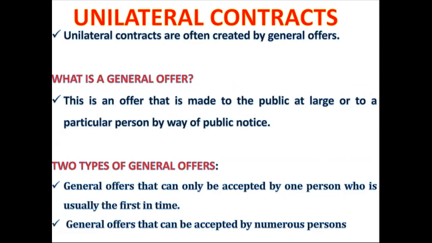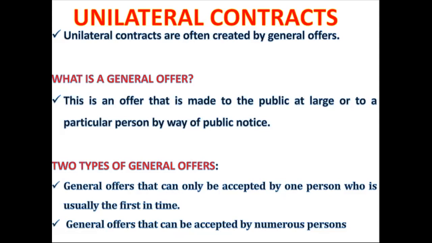And remember, for unilateral contracts, the promise is made by only one person, and the person to whom it is made is usually required only to tender acceptance by way of performance. Remember the distinction between unilateral contracts and bilateral contracts. Bilateral contracts are where we have the exchange of promises.